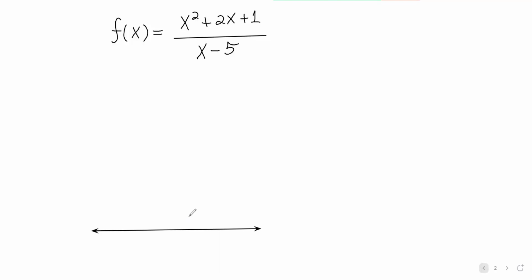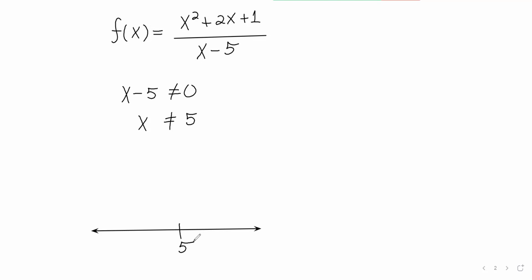What about this example? Well, I have the ratio of two polynomials. So individually, the domain of each one would be from negative infinity to infinity. But this x minus 5 is the denominator, so it cannot equal 0. Adding 5 to both sides, x cannot equal 5.